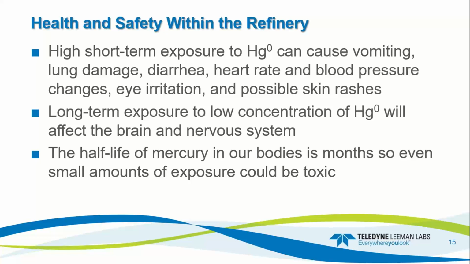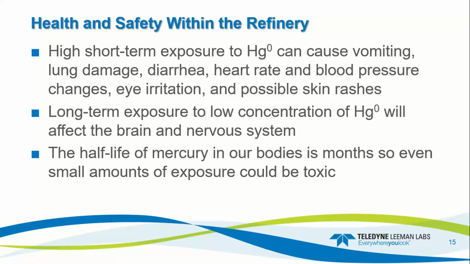Health and safety within the refineries. So here's the deal: short-term exposure to high concentrations of mercury can cause lung damage, diarrhea, vomiting, blood pressure and heart rate changes, skin rashes, eye irritation, and there's more that can be added to that list.